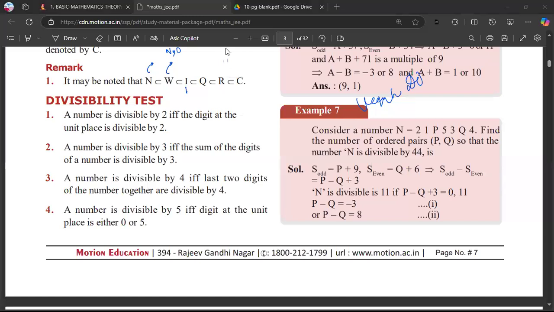Oh, sorry, I was speaking with the mic off. Is the PDF visible? Yes, sir. Yeah, so we are going to look.